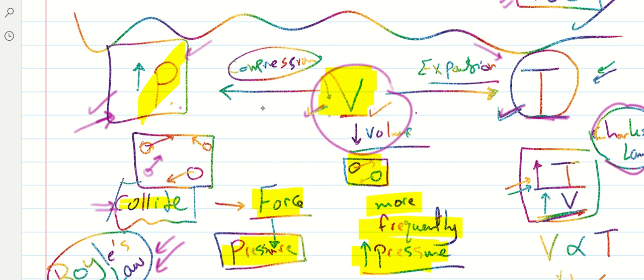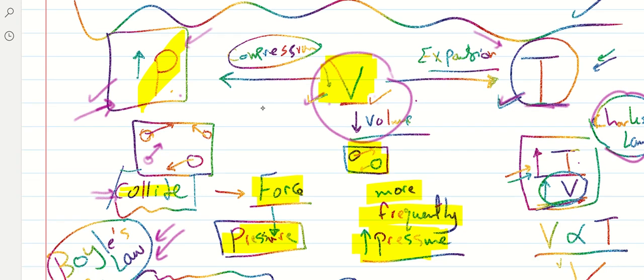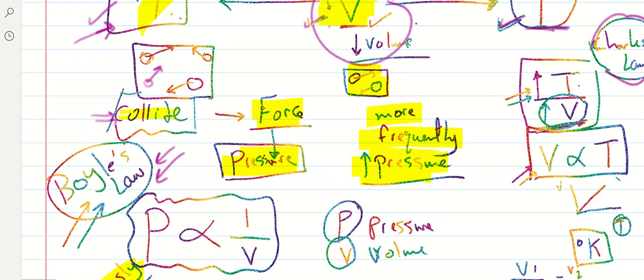Kinetic energy increases, so the particles will move further away, so the spaces will be more, it will fill more space, so the volume increases. So the volume and the temperature are directly proportional to each other, and that is how we represent directly proportional, and that is how we represent it graphically.